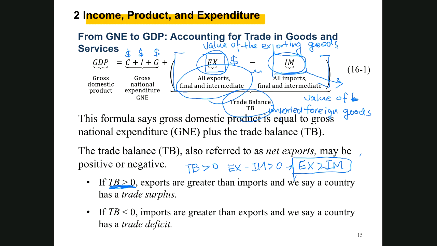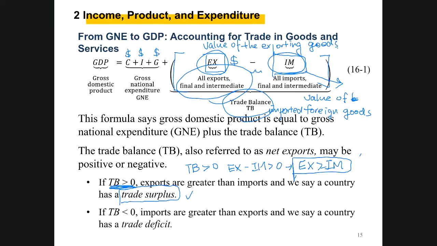If exports are larger than imports, we say this country enjoys a trade surplus, right? And in mercantilism, one of the old schools in economics, they believed that exports are a good thing because you have more money if you sell your goods to other countries.